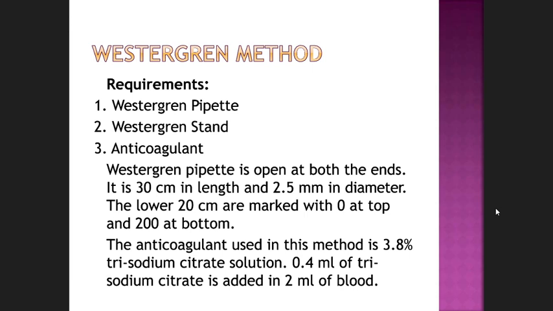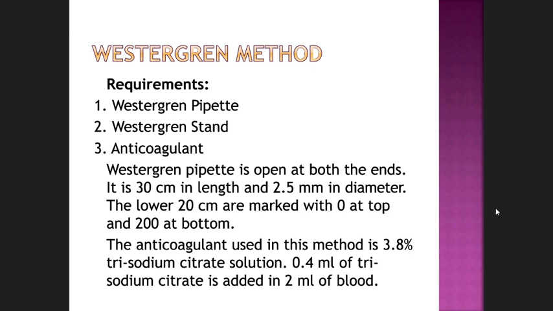Okay, so we should correct it. Yes, sure. Thank you. Hello ma'am, so for this 0.4 we have to correct it here. Take 1 part anticoagulant and 4 parts blood.